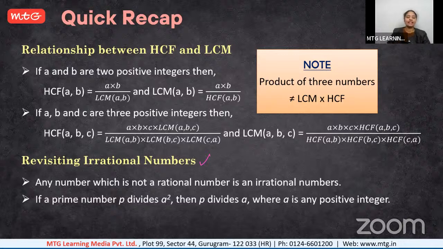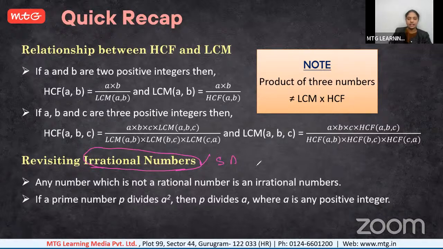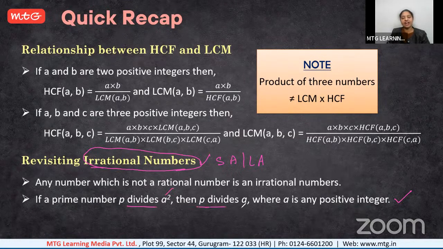Moving further, this is a very important condition that you always need to remember. Any question on irrational numbers, whether in short answer type or long answer type, will be 90% on this one. What is this concept? If p is a prime number which divides a perfect square, then p will divide the number also.